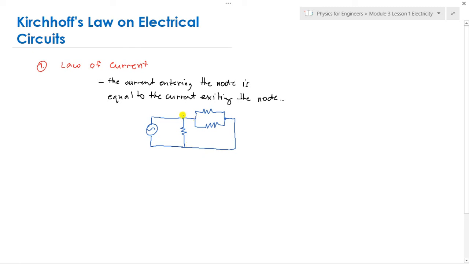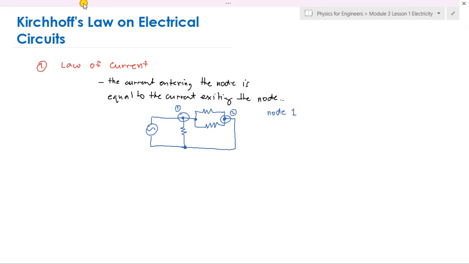A node, this circled one, is a sample of a node. Let's say node 1, and you can also have node 2. A node is where the connecting wires intersect; especially this one, we can also term as a node. Okay, so let's focus on node 1.